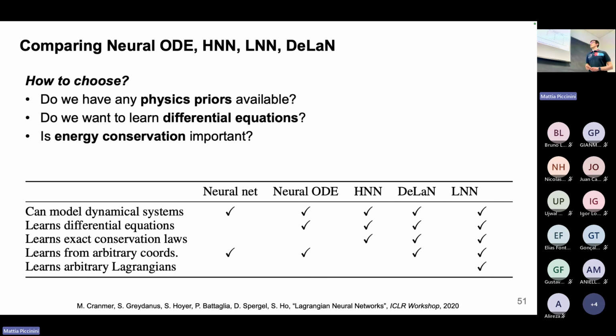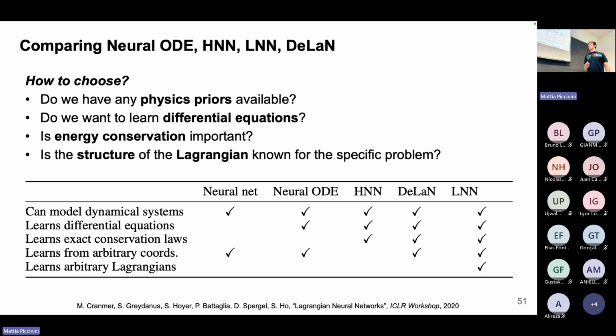But let's say neural ODEs are very general purpose to learn differential equations. Then is energy conservation important in our case? If it is, then maybe neural ODEs alone are not the best. But Hamiltonian and Lagrangian neural networks may be a better fit in this case, or variational integrators, as we've learned.